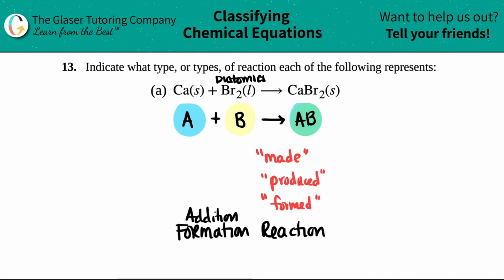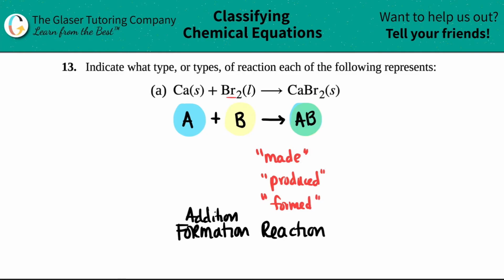Now, are there any other types of reactions for this one? Yeah, there's one other one, and this has to deal with charges. So be on the lookout to see what types of charges your compounds have. Remember that any element by itself in its natural state, so calcium, and I don't see a charge up here, right?